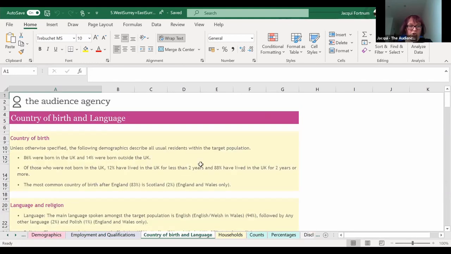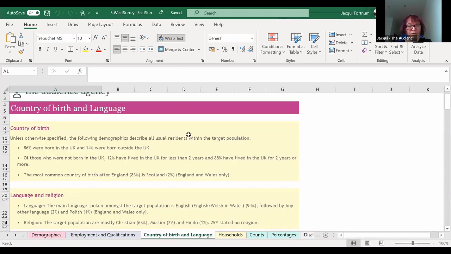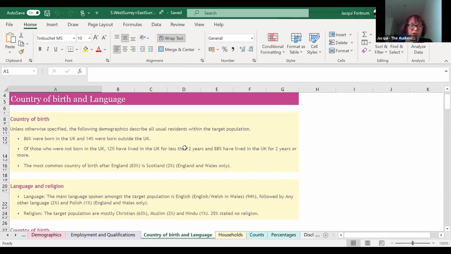Then we go into information about country of birth and language.